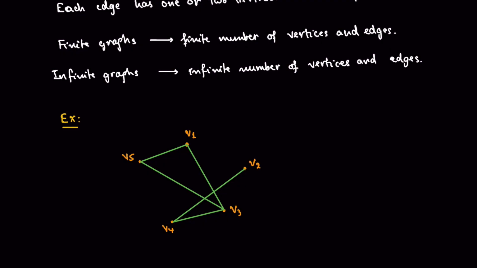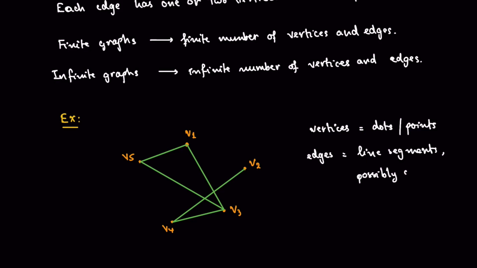Most of the time, the vertices are just represented by dots or points, and edges can be represented by line segments, possibly curved. So that means that I can have this type of edge.